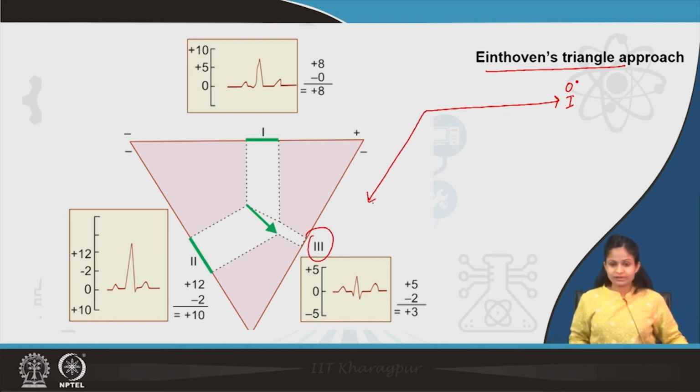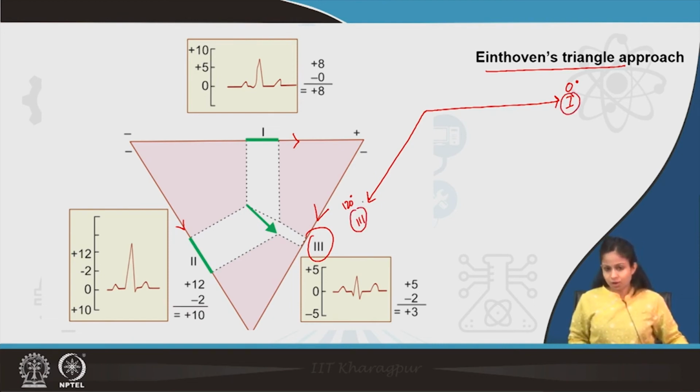I am just plotting it like this because this is lead 3, this is lead 1, this is lead 2. So, this is lead 3, which usually lies at an angle of 120 degrees. This is our lead 3, this is our lead 2.